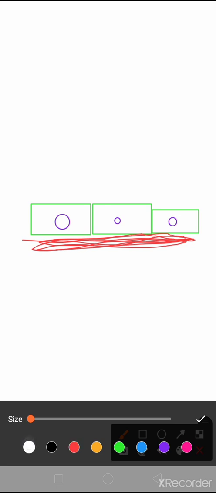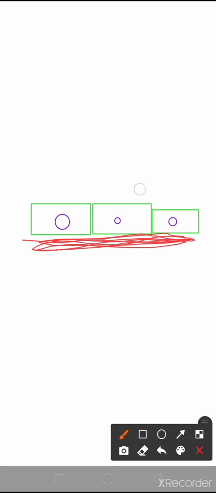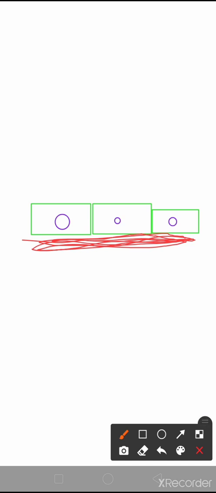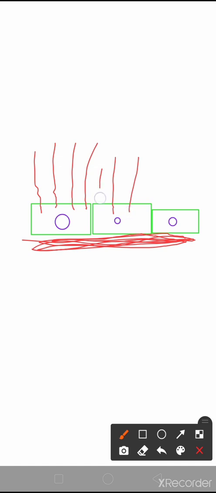The upper part of these cells, that is this part, is known as the free surface of the tissue. In case of germinal epithelium it is free, while in some cases it has a projection which is known as cilia, and we know that cilia is a motile structure which helps in the movement of substances.